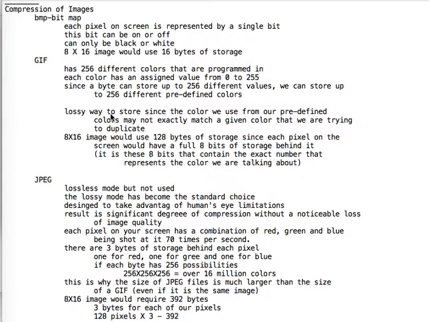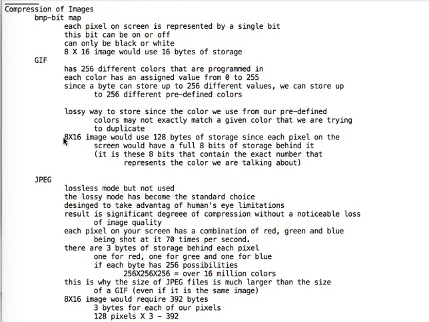So in other words, if you had an 8 by 16 image, each one of those pixels would now need 1 full byte or 8 bits behind it so that it could be stored as a GIF. An 8 by 16 image now would use 128 total bytes of storage. How do I get that?